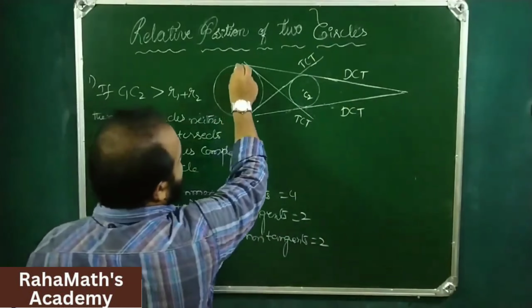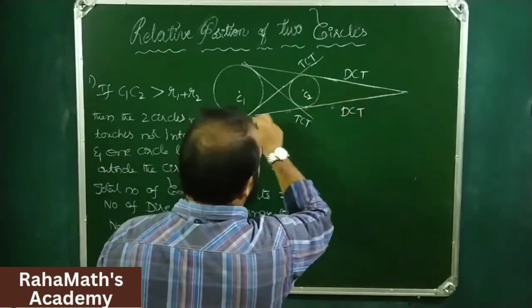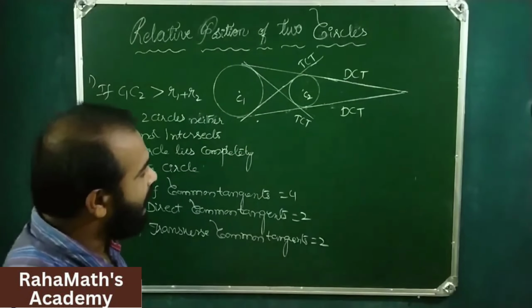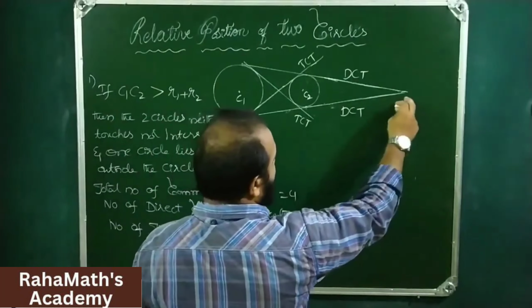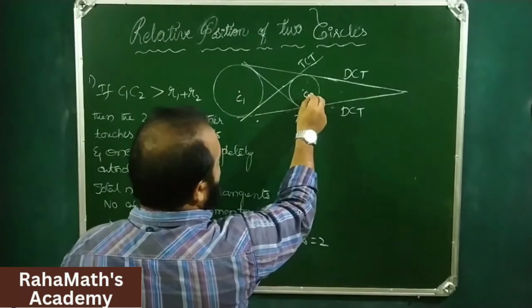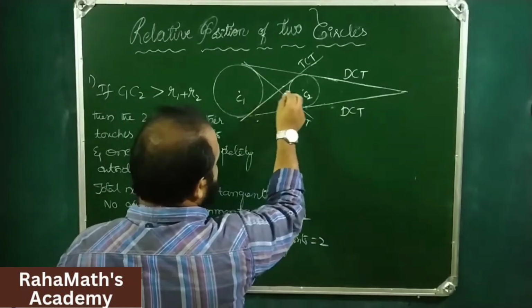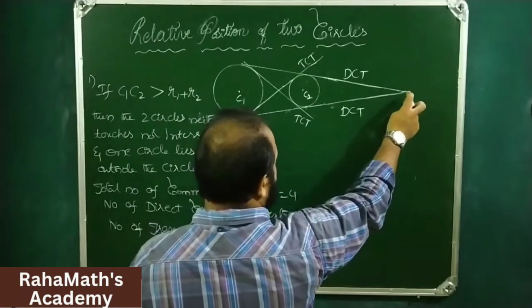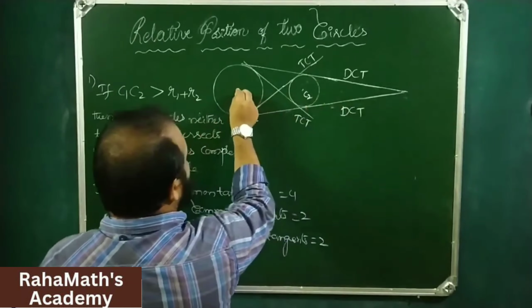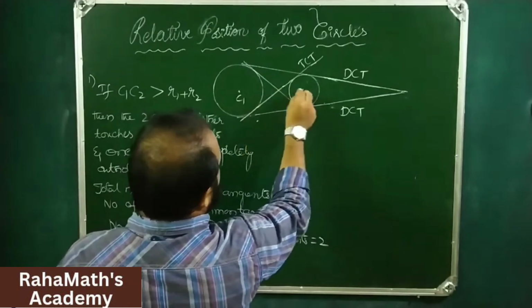Because these two common tangents touch these two circles, and the point of intersection lies on the line joining of the two centers. This point of intersection lies outside the line joining of the centers of the two circles.